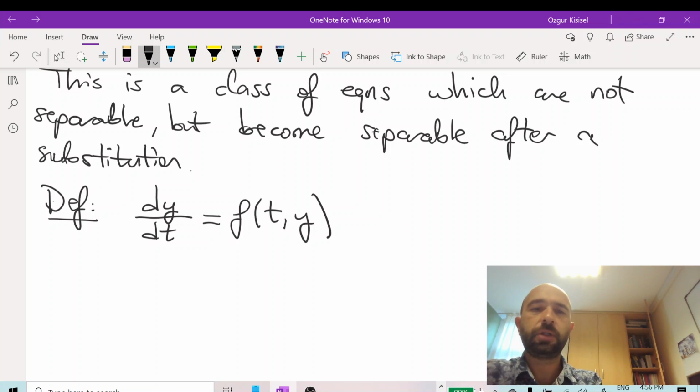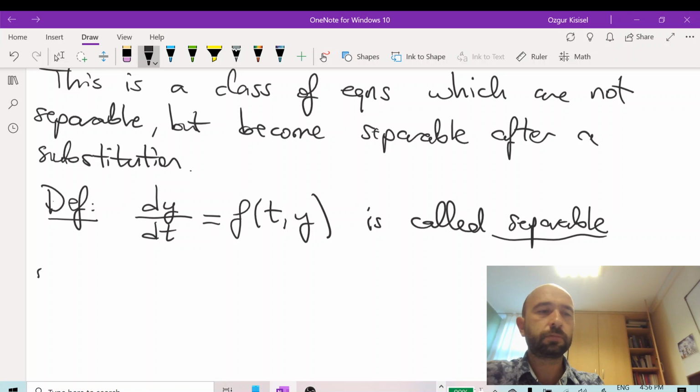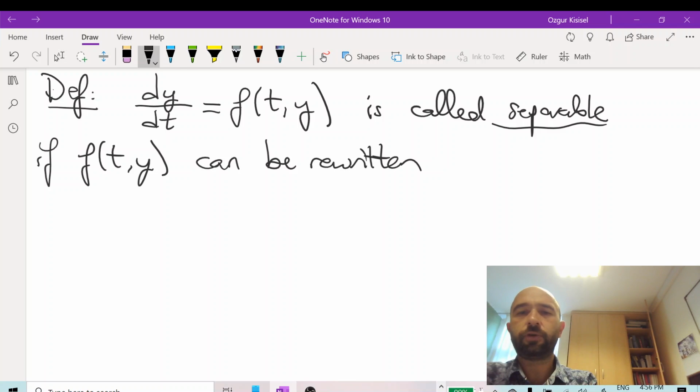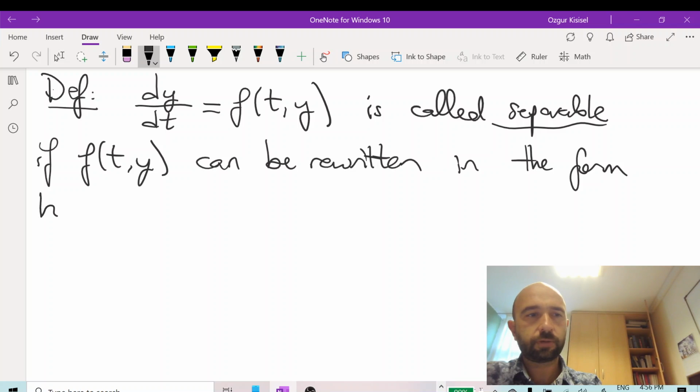It's called homogeneous if this f of t, y can be rewritten in the form h of y over t.